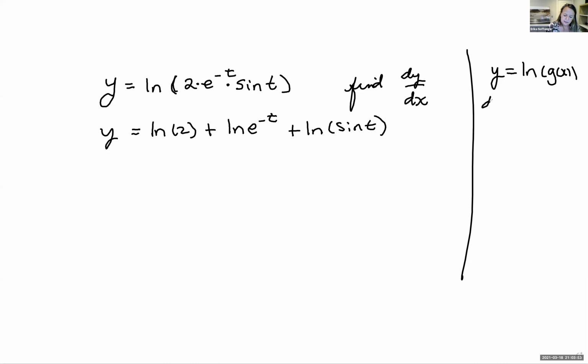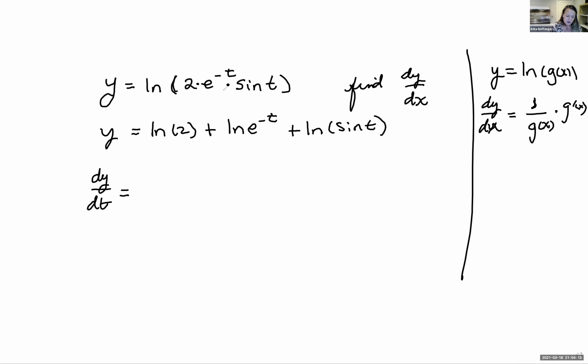The derivative of that was equal to 1 over what we were taking the natural log of, which was g of x, times the inside, which was g prime of x. So we could write it as g prime of x over g of x. Okay, so let's take the derivative of y now.